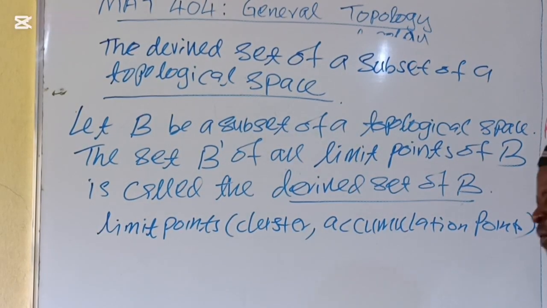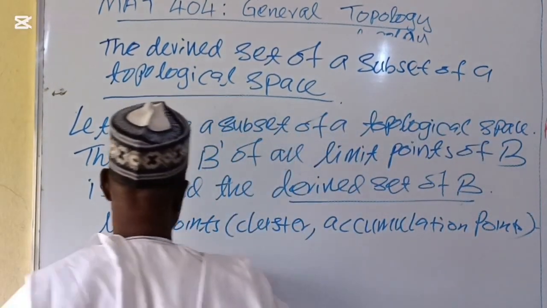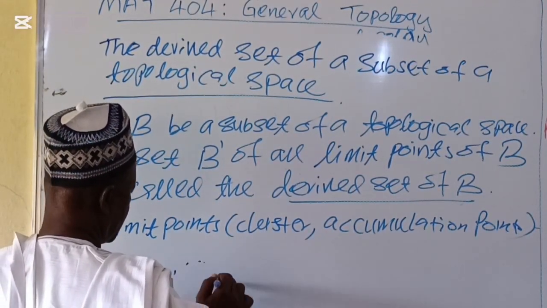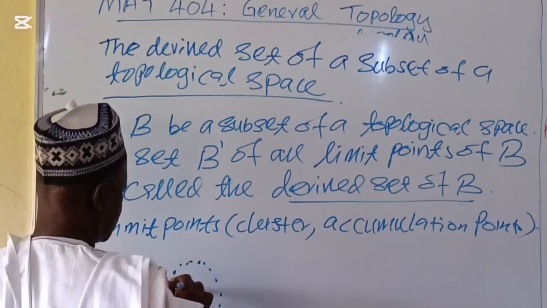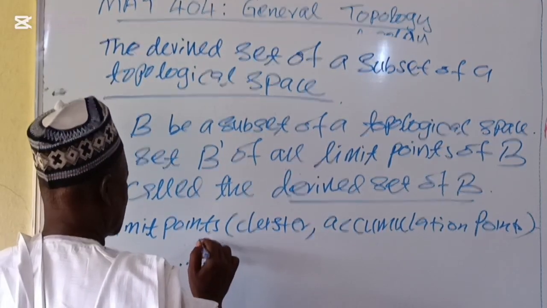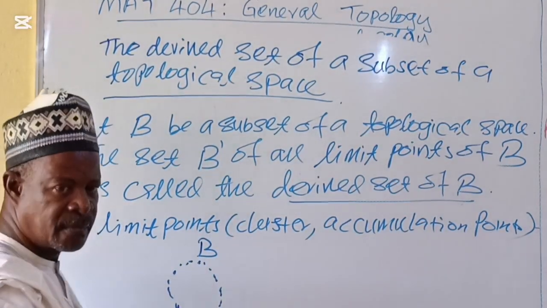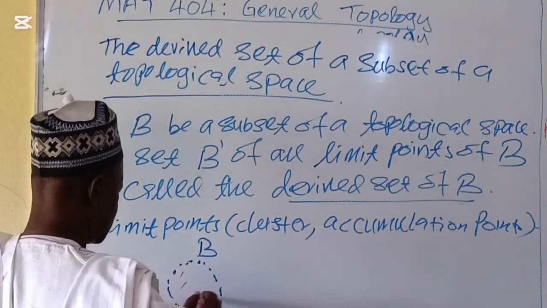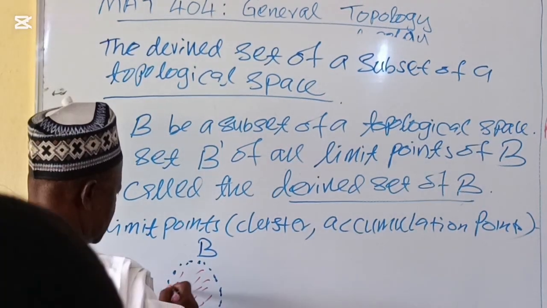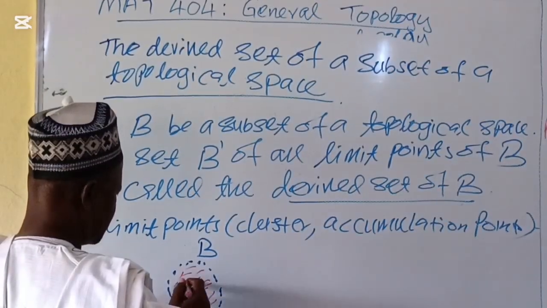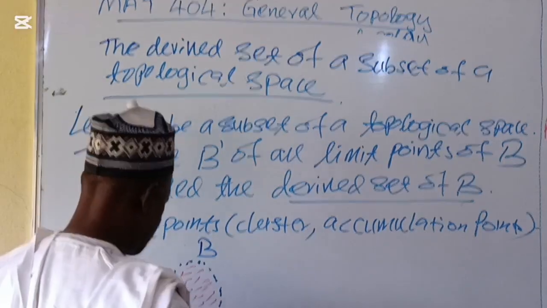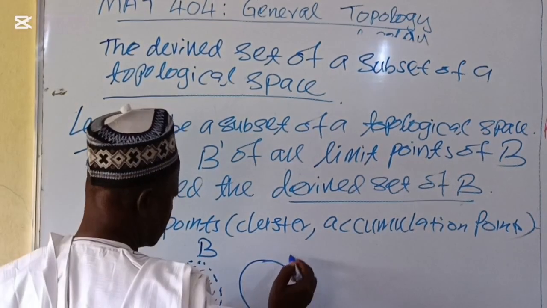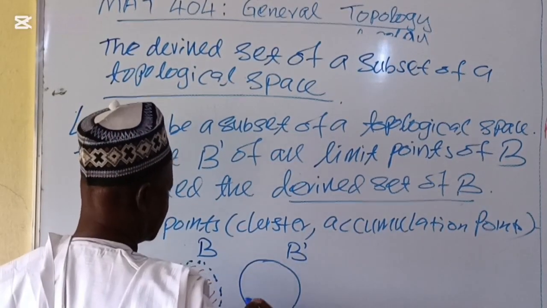Like I gave you an example before. If you have a set like this, if this is your set B, this set is open, because it doesn't have its boundary. Now if you create the boundary for it, then you are going to call it B dash.